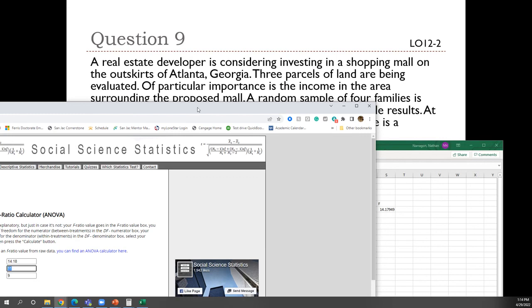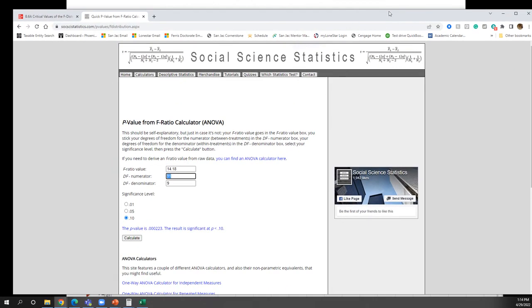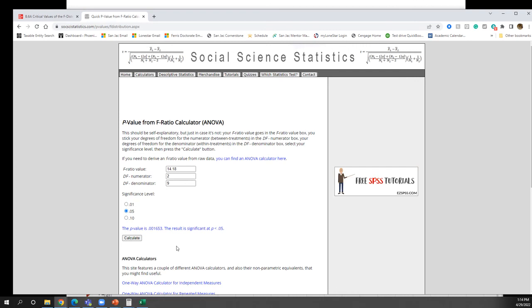And our degrees of freedom have changed to be 2 and 9. Okay, at 0.05. Calculate. We're looking at a p-value of 0.0017, 1653. So the result is significant at p is, again, less than 0.05.